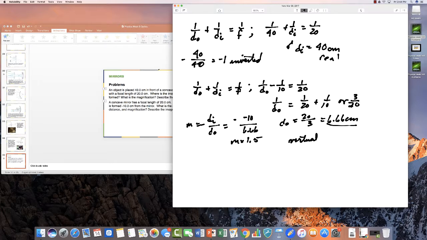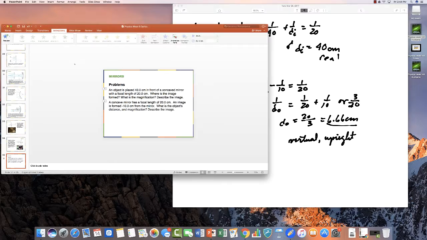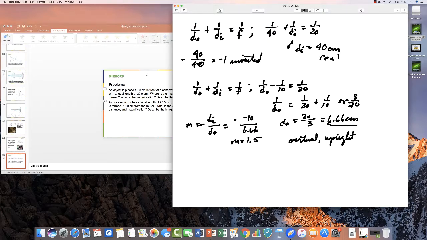Because m is positive, it's going to be upright. And it's going to be magnified. It doesn't tell you the size of the object, so you can't calculate that, but it's going to be magnified.